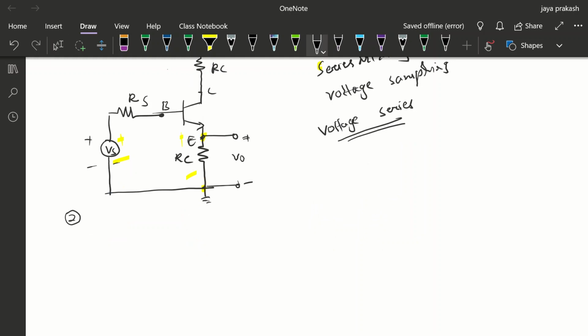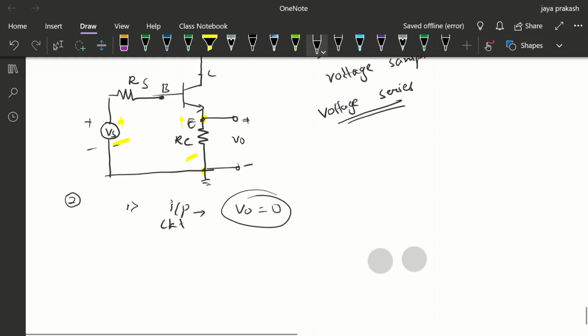the basic amplifier without feedback network. In order to do that, we have to follow the steps. First, we have to draw the input circuit. In order to draw the input circuit, if it is voltage sampling, we have to make V0 equal to 0.